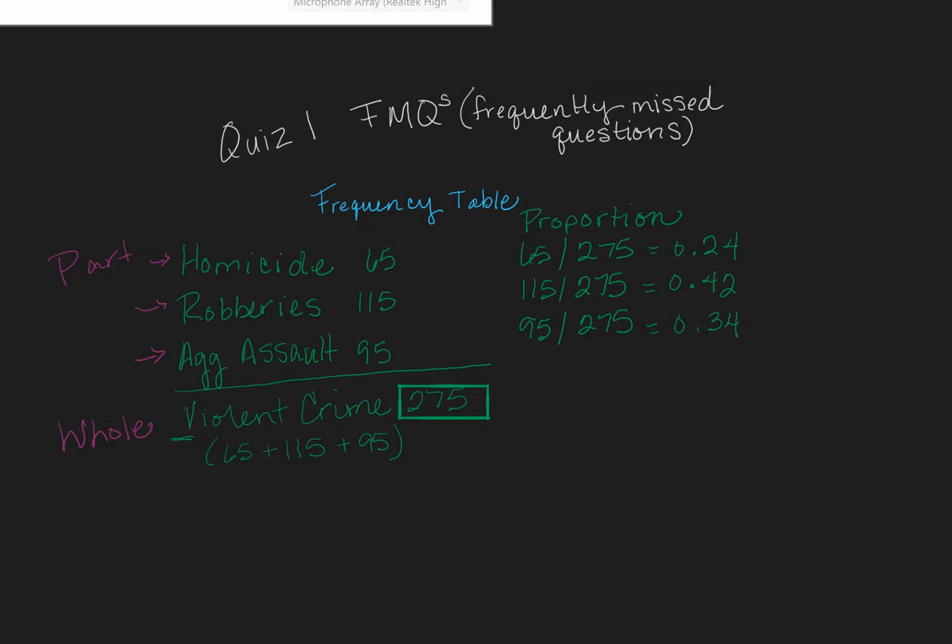There's an easy way to check yourself. Since it's a part divided by a whole, in math a whole is always equal to 1. So if you sum these proportions, you should get 1 if your proportions are correct.